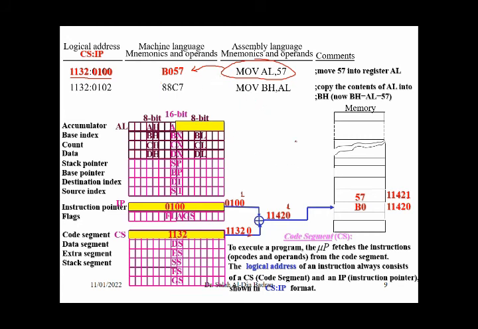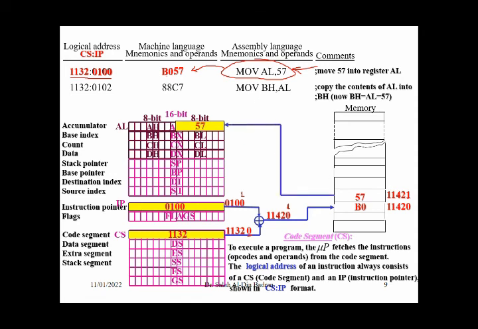So in this explanation, we saved only the instruction, the code of the instruction, B057, but we did not execute the instruction itself. We will see how this will be executed inside the microprocessor and memory.